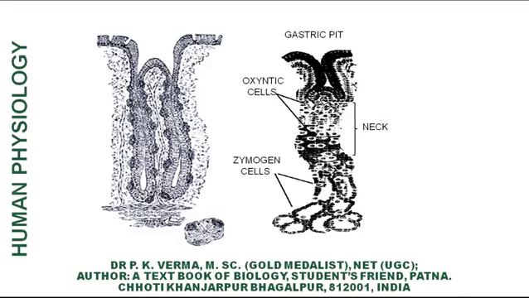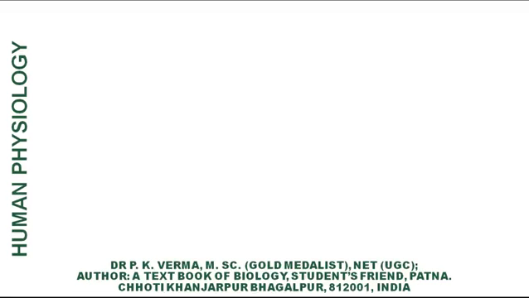You can mark oxyntic cells in the upper part of the neck and the zymogen cells near the base edge. In mammals, a definite gastric gland is formed, in contrast to many other chordates, where only the folds are there, not a definite gland.